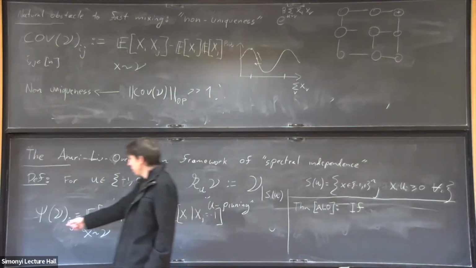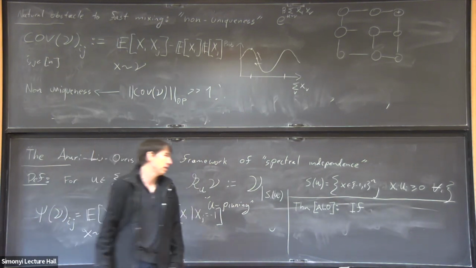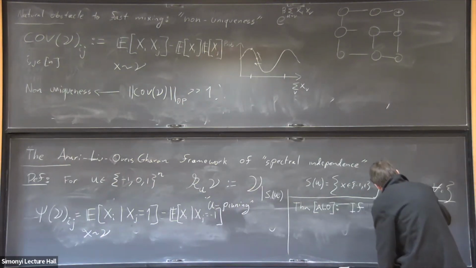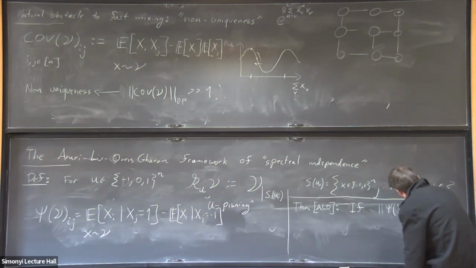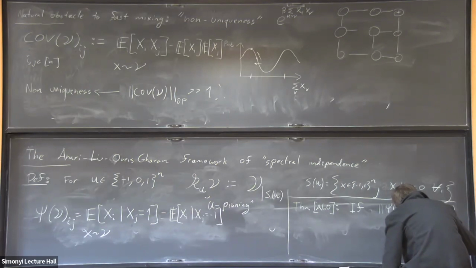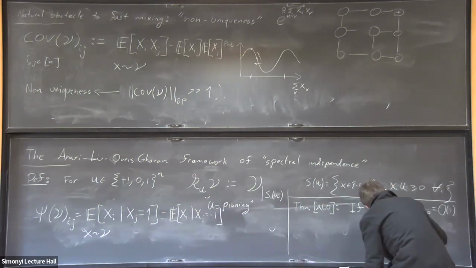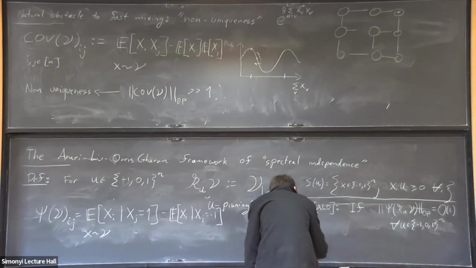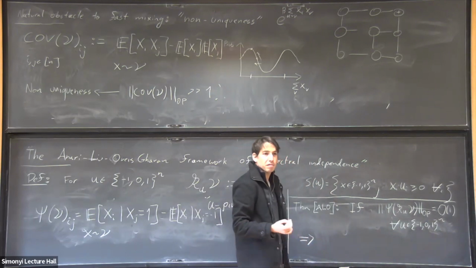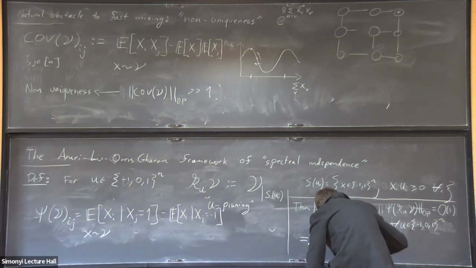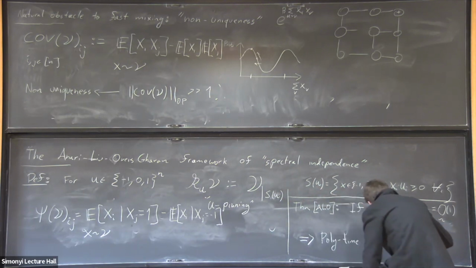If this matrix has constant order operator norm for all pinnings, so for every pinning R(u) of nu, the operator norm of this is O(1) for all u in {-1, 0, 1}^n, then we have polynomial time mixing for Glauber dynamics.